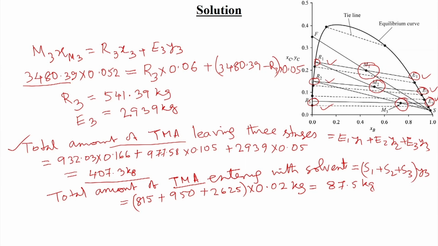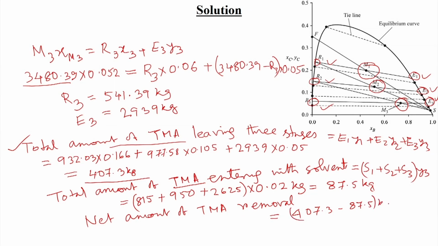So, the net amount of trimethylamine removal will be 407.3 minus 87.5 kg, which comes out as 319.5 kg. Okay.